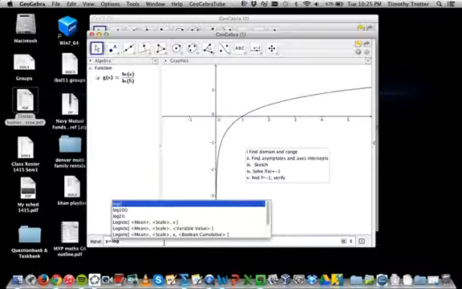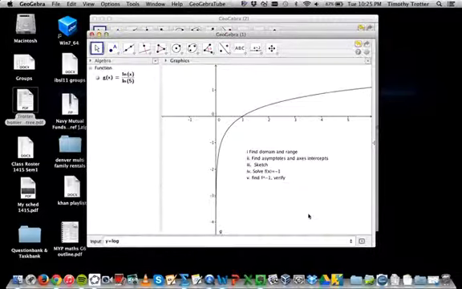So this is the graph of just regular log base 5 of x, and it follows a typical log pattern. There are a few things we need to observe. First of all, it crosses the x-axis at 1. The other thing is that it gets infinitely close to the y-axis, but never actually gets there, so the y-axis is an asymptote of this function.